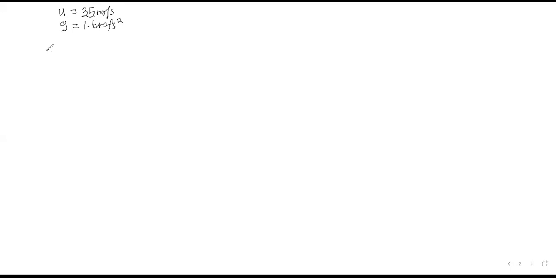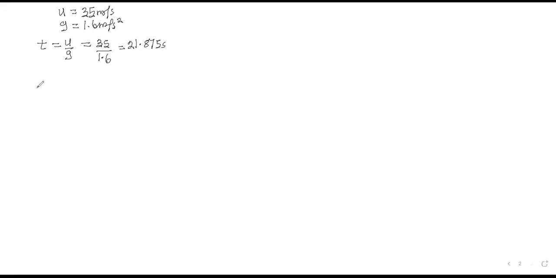On the earth and on the moon, because the body will decelerate whenever it is thrown vertically upwards, T is still U over G, which is 35 divided by 1.6. And class, what is 35 divided by 1.6? 21.875. 21.875 seconds.